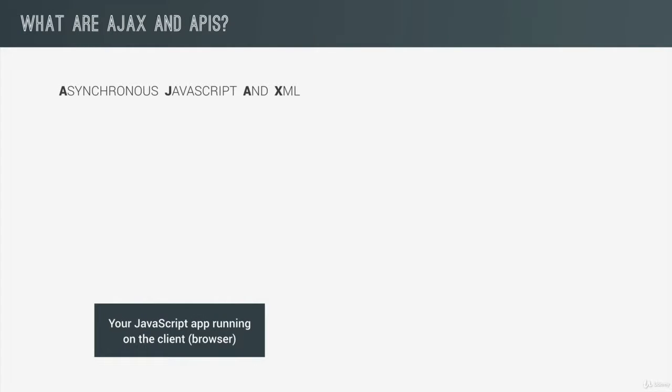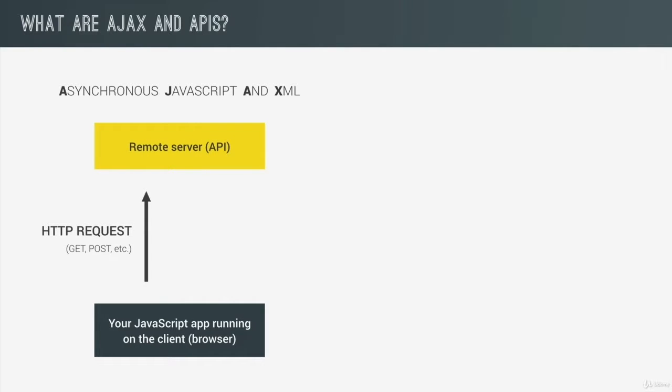So let's say we have our JavaScript app running in the browser, which is called the client, and we want the app to get some data from our server, but of course without having to reload the entire page. Well, with AJAX, we can do a simple GET HTTP request to our server, which will then send back a response containing the data that we requested. And this all happens asynchronously in the background, just the way we learned before.